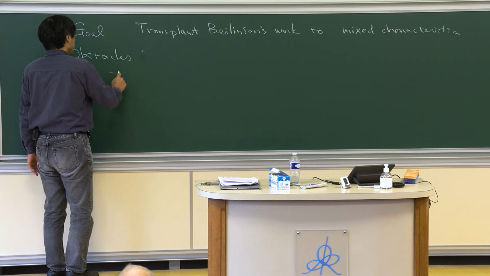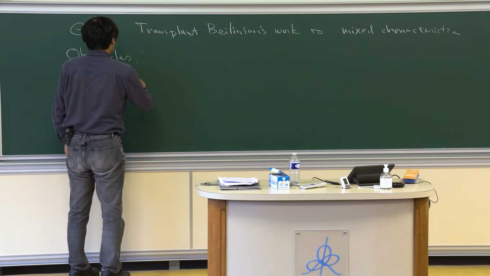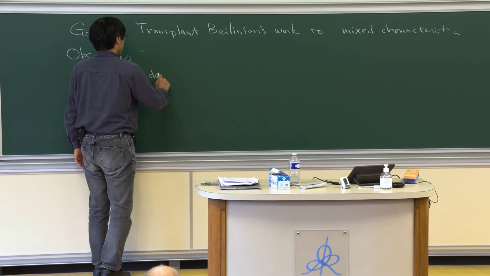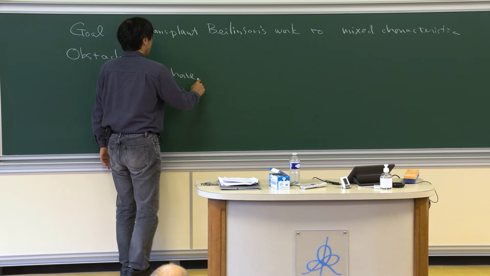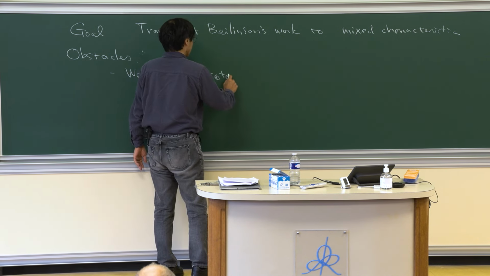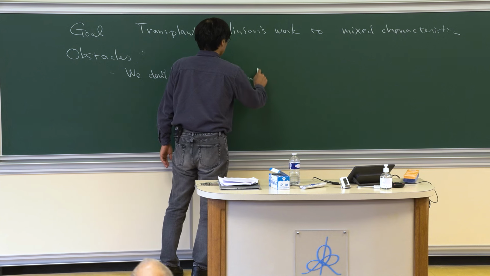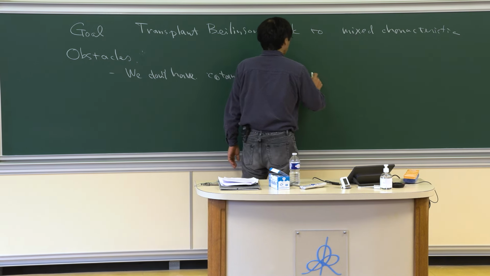So the first one is that we don't have a cotangent bundle of the correct rank.